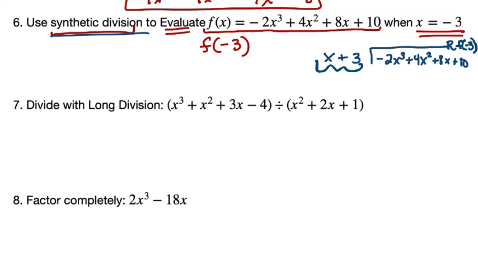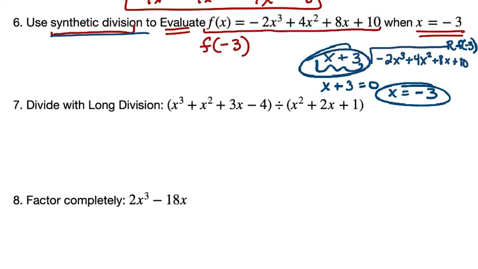It's always the zero of what you're dividing by. So the zero of x plus 3, meaning what is x if you set it equal to 0? It's negative 3. And so the remainder theorem says if I divide by x plus 3, my remainder will be f of negative 3.